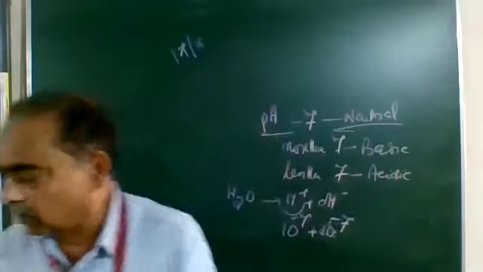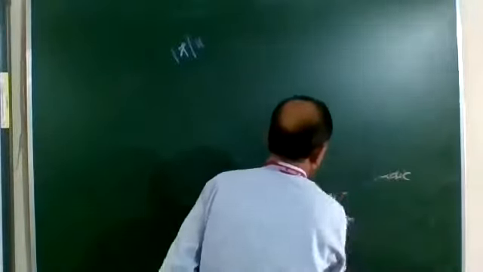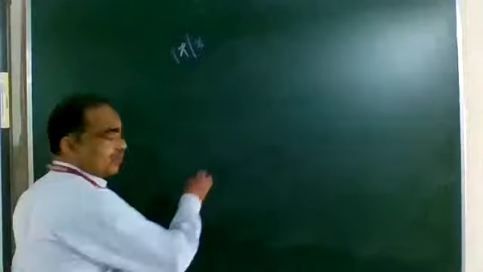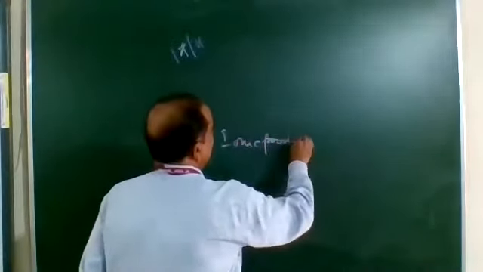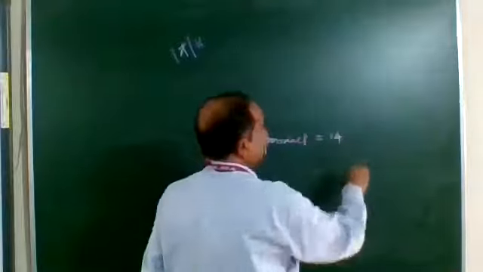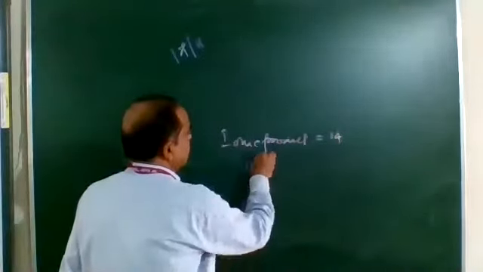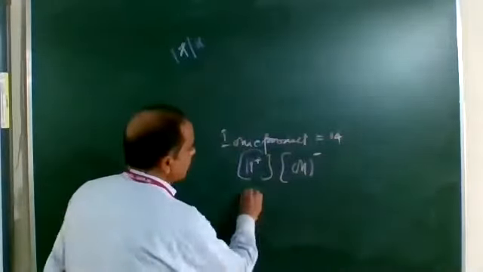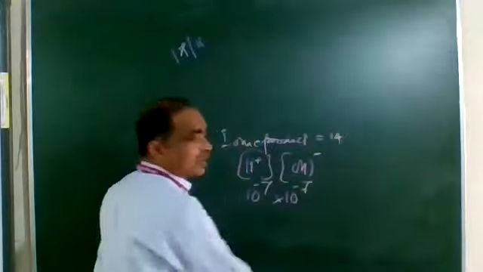Now, let us find out further about this. Suppose we say that the ionic product of H2O is equal to 14. What does it mean? H2O contains H plus and OH minus ions. So it has 10 to the power of minus 7 into 10 to the power of minus 7 for OH minus.